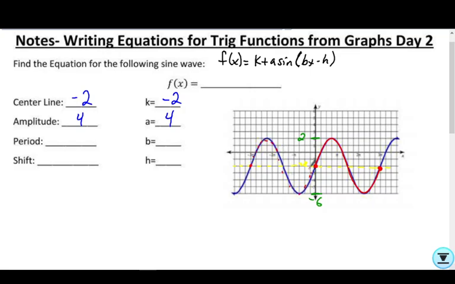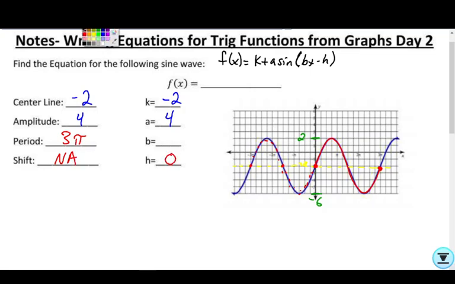I could have even done it starting here and done this one to here, but then I had a shift and a reflection, and I don't want to deal with all that. So I'm using this one. So it starts here at 0, it ends here at 3 pi. So my period is 3 pi. I have no shift, so h is 0.